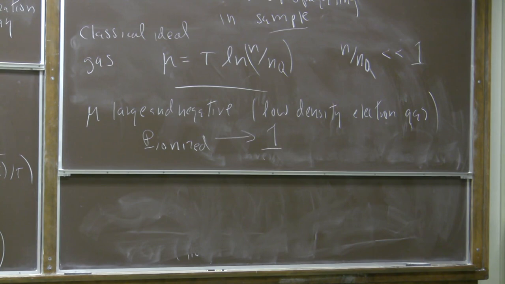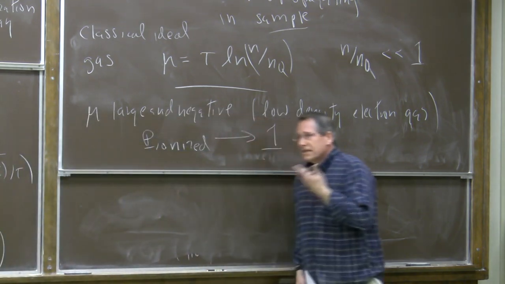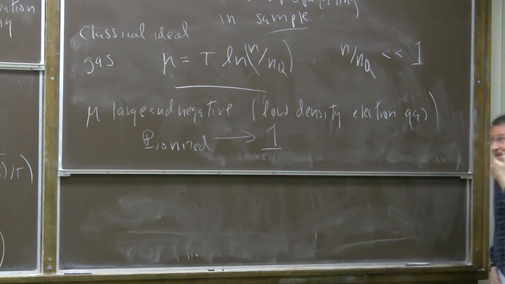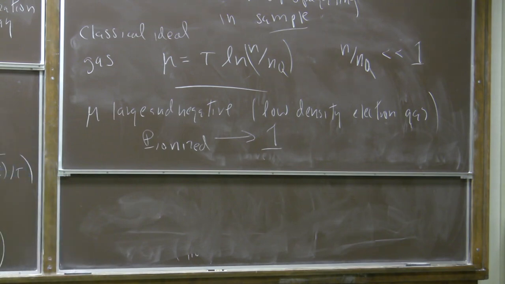So the next topic we want to discuss is where we're going to see the payoff from this chemical potential idea, when we talk about the quantum ideal gases. We're going to finally get away from the classical regime and consider gases where the concentration is high enough for quantum effects to be important.